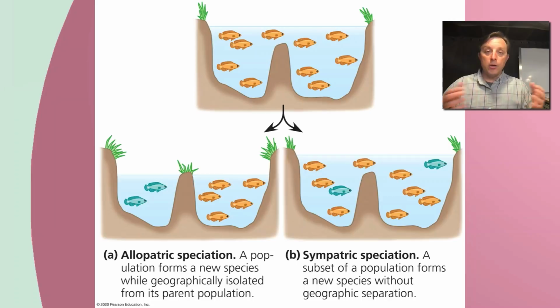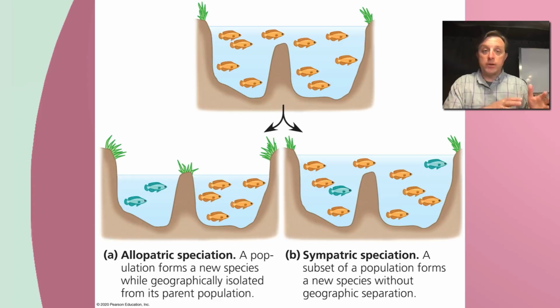In allopatric speciation, there is some geographical barrier between the two species that is going to prevent them from mating, preventing gene flow between these two populations. In this case, we see that the pond here has evaporated, the water level has gone down, and now there are two separate ponds, and the two populations of fish are now separated. That is allopatric speciation.